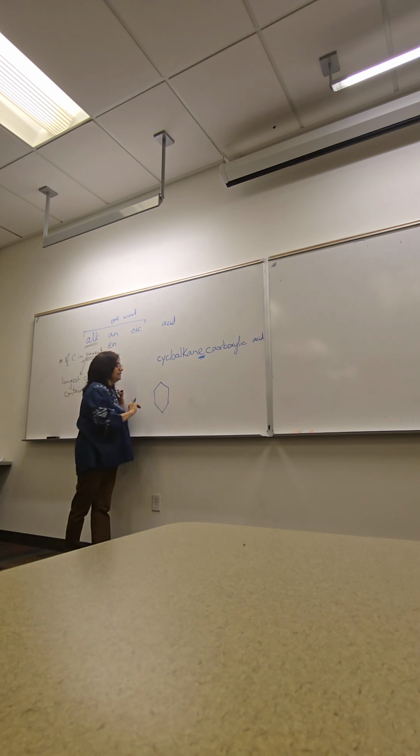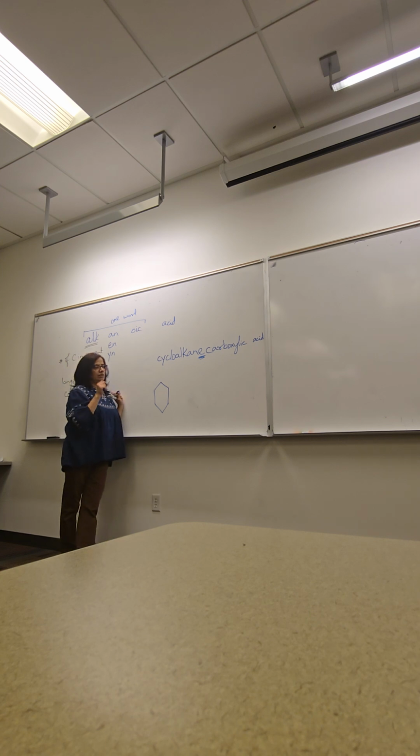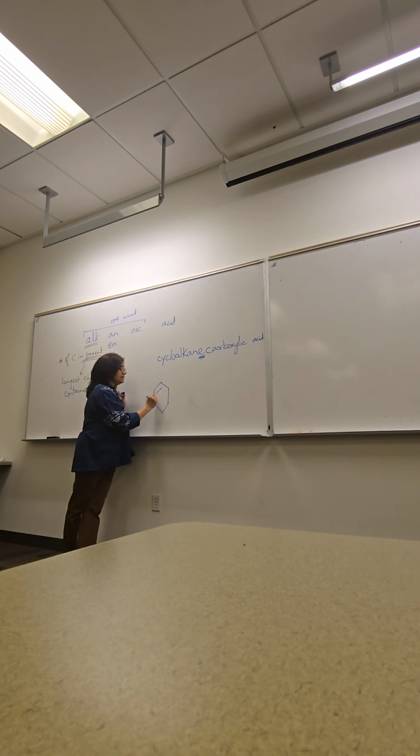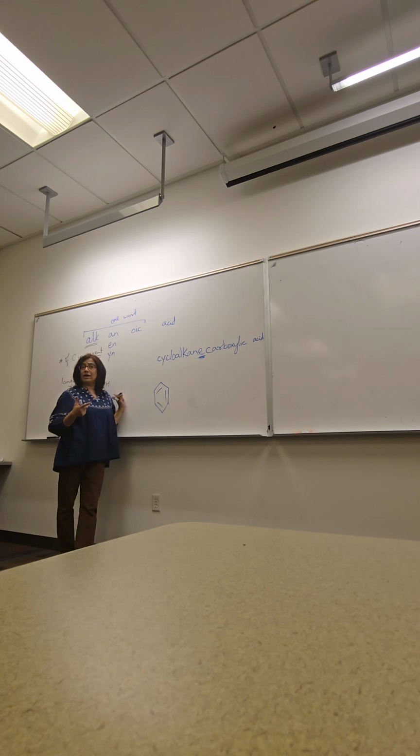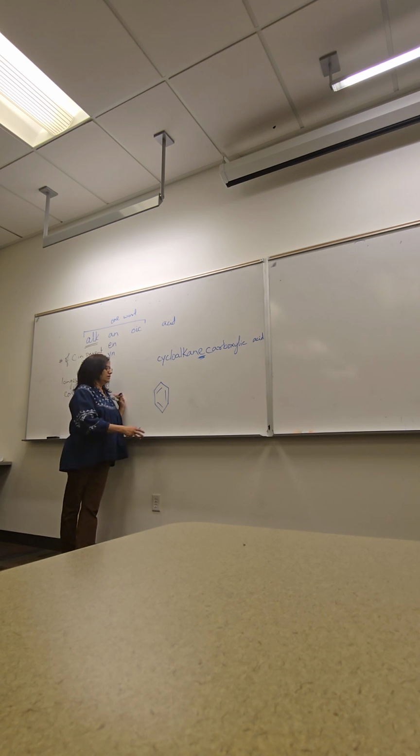By the way, guys, in the middle of third quarter Ochem, if I see this and it's called cyclohexane, that's not okay. This is not cyclohexane. What is it? Benzene.